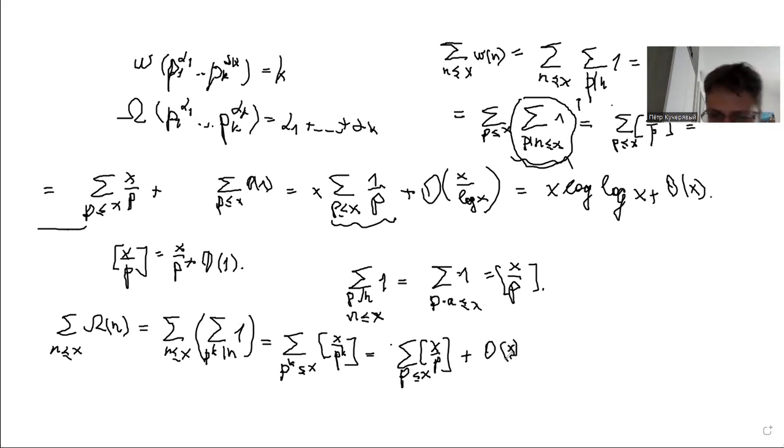Do you understand why there is big O of x here? Why do all powers bigger than 1 give big O of x?